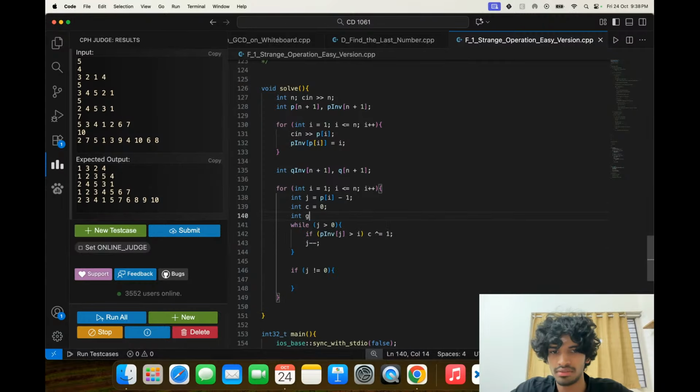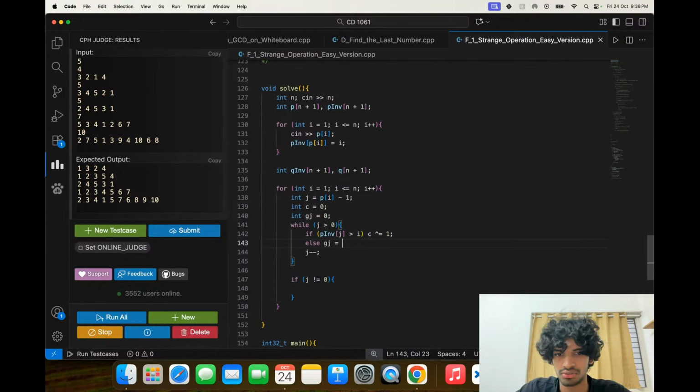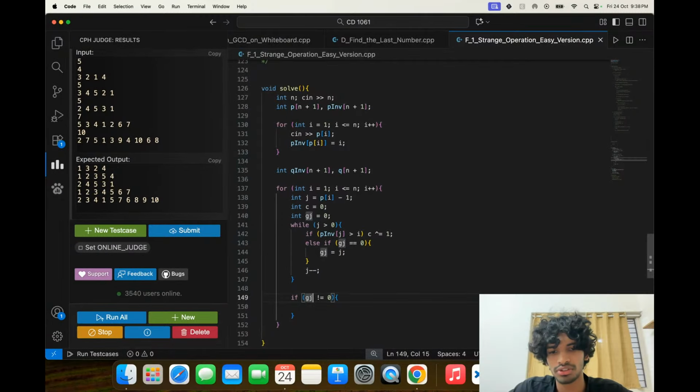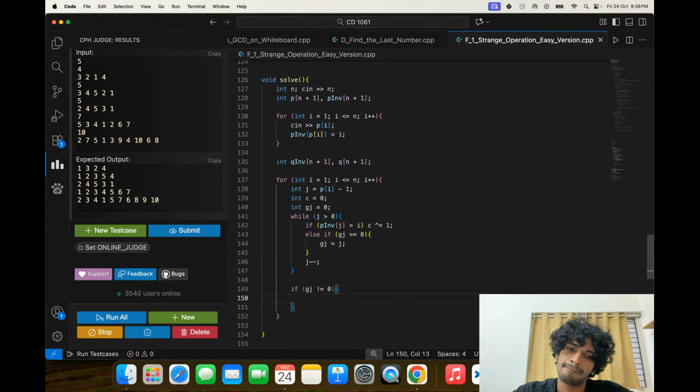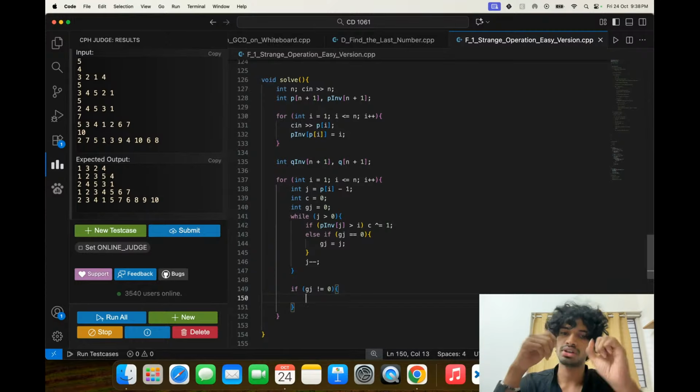If there was a green, gj equals 0, else if gj not equals 0, I'm writing complex code unnecessarily, gj equals j. So there was a green before.